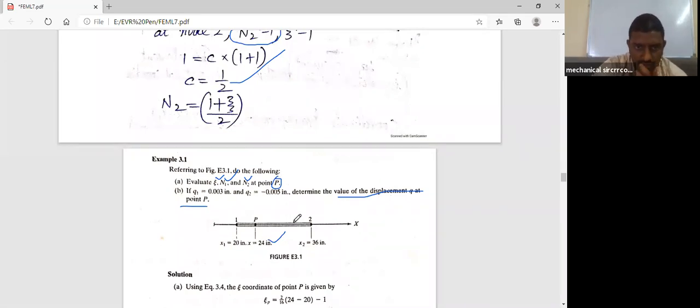Now we assume this element is in natural coordinate j. So at node 1 the j value is minus 1, at node 2 the j value is 1. But we don't know the value of j at point P.